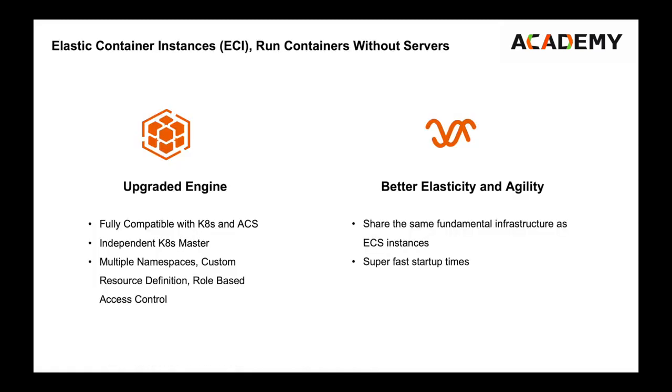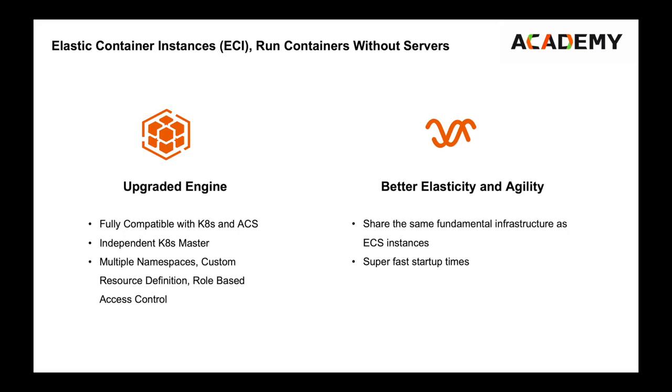Then there's ECI. I include this here because it's something unique. ECI is a way to run containers without allocating servers on your own. So ECI is actually a component of the ECS service that lets you directly run containers without allocating individual ECS instances. And this actually works with our Alibaba Cloud Kubernetes service.